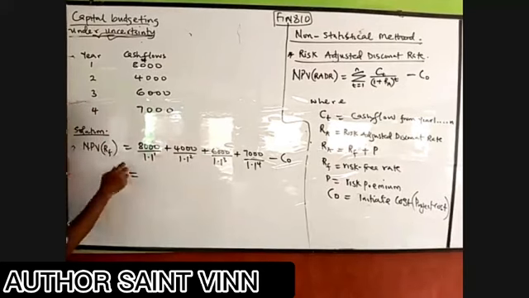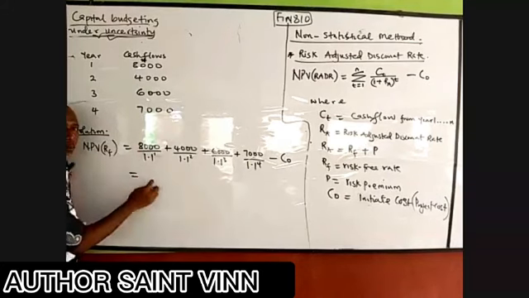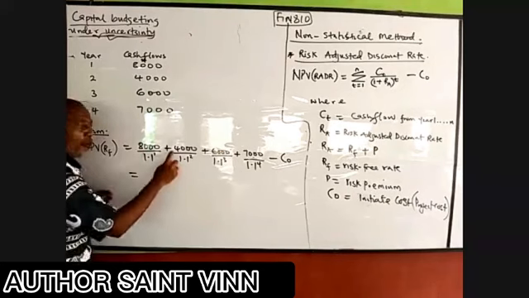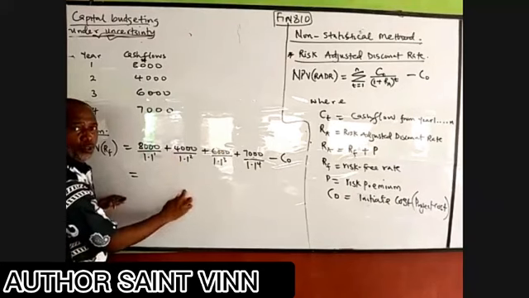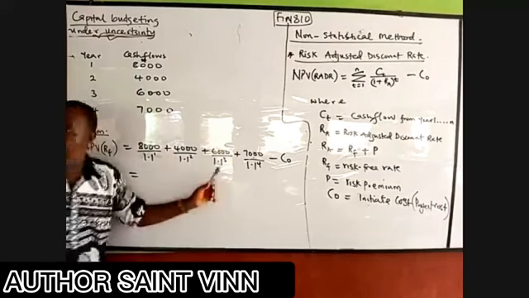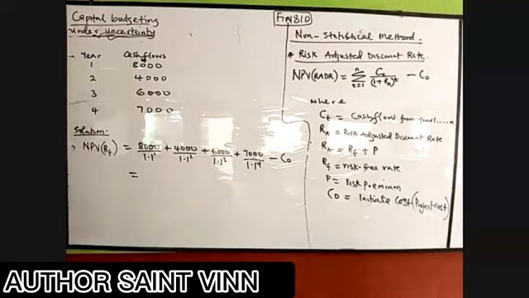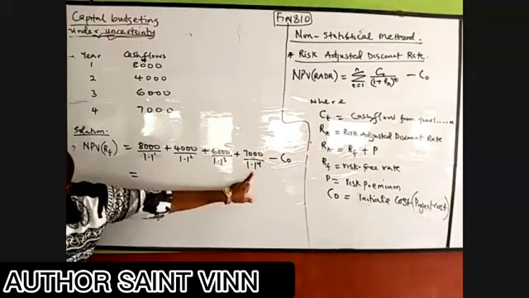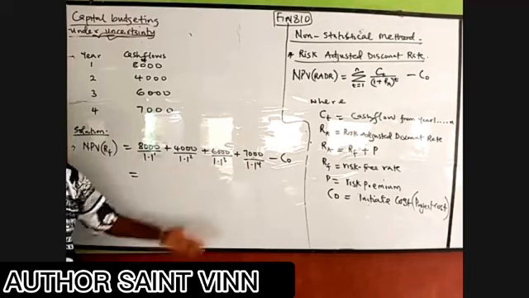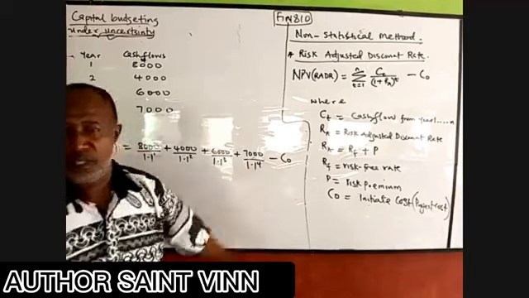Or some of us could do it like this: 8,000 bracket open 1.1 raised to power minus 1, plus 4,000 bracket open 1.1 raised to power minus 2, plus 6,000 bracket open 1.1 raised to power minus 3, plus 7,000 bracket open 1.1 raised to power minus 4. This is the inverse. You get the answer, you now subtract the initial cost.